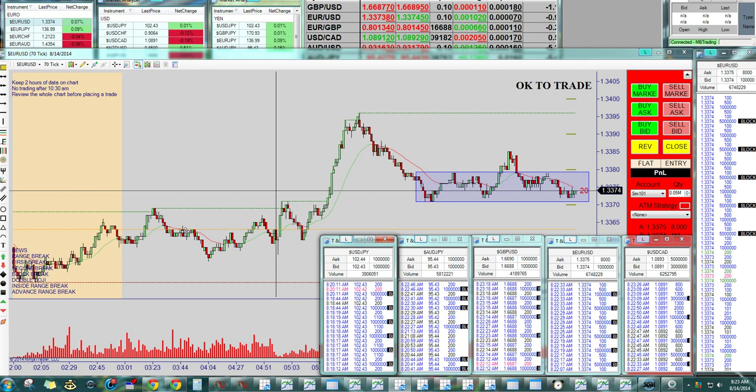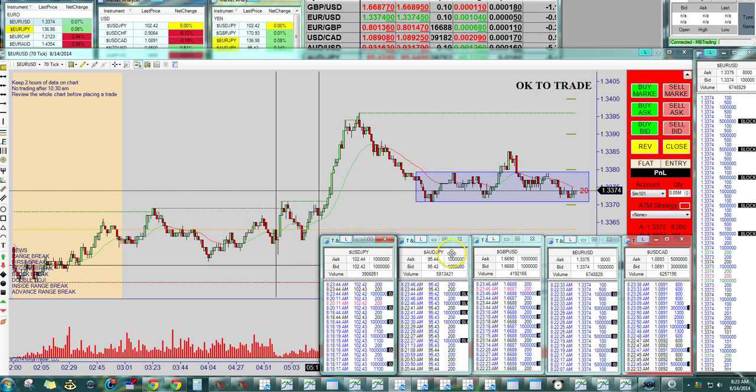Alright, these are normally on my second monitor, but I moved them over here so we can see them. During times like this, where the euro doesn't seem to be moving very much, I take a look at the other time and sales data from the other currency pairs that I trade. So I got the dollar yen, the Aussie yen, which I trade a lot, the pound, and also the loonie.